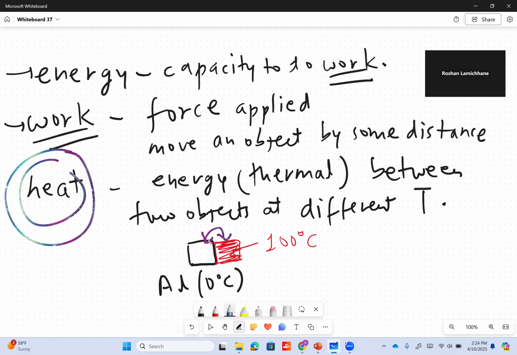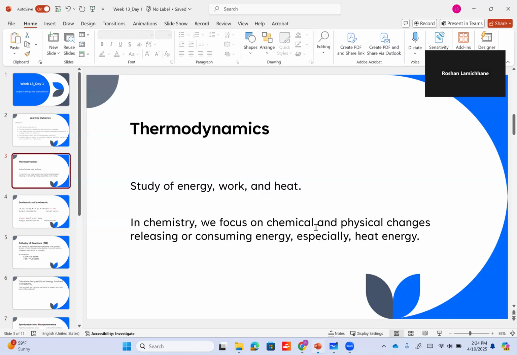And the way we think about heat is in terms of temperature, all right? So in chemistry, what we are mostly interested in is how much heat energy is released or consumed, right? Whenever a chemical change or physical change happens, we're interested in that.